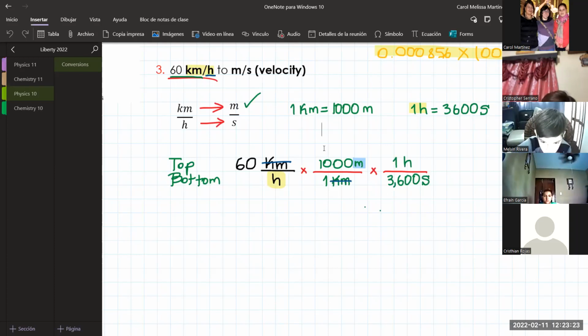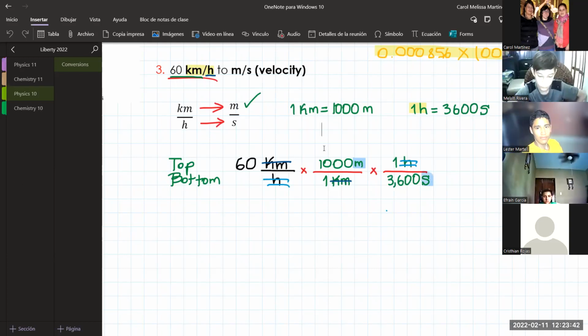With this, I'm able to cancel hours, okay? So now my hours are gonna be canceled, and then my final unit will be meters above, okay? And then seconds below.